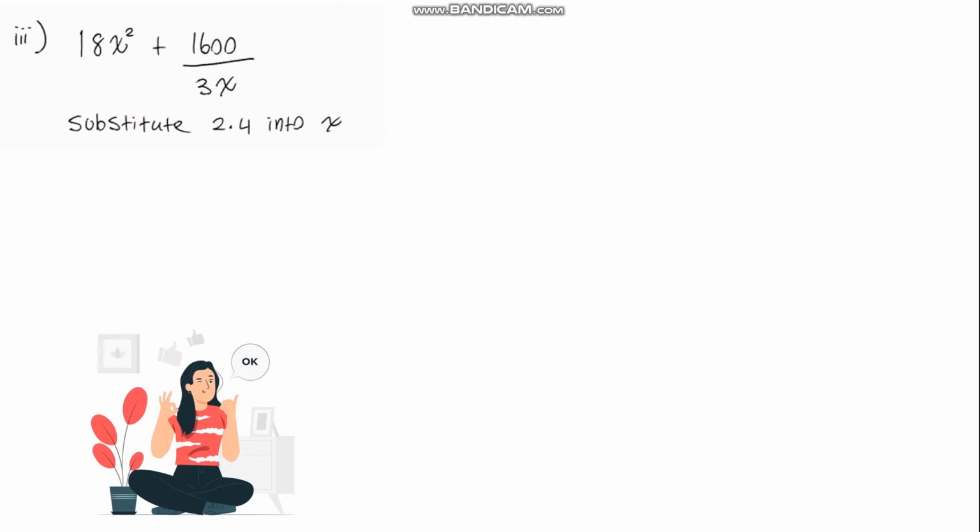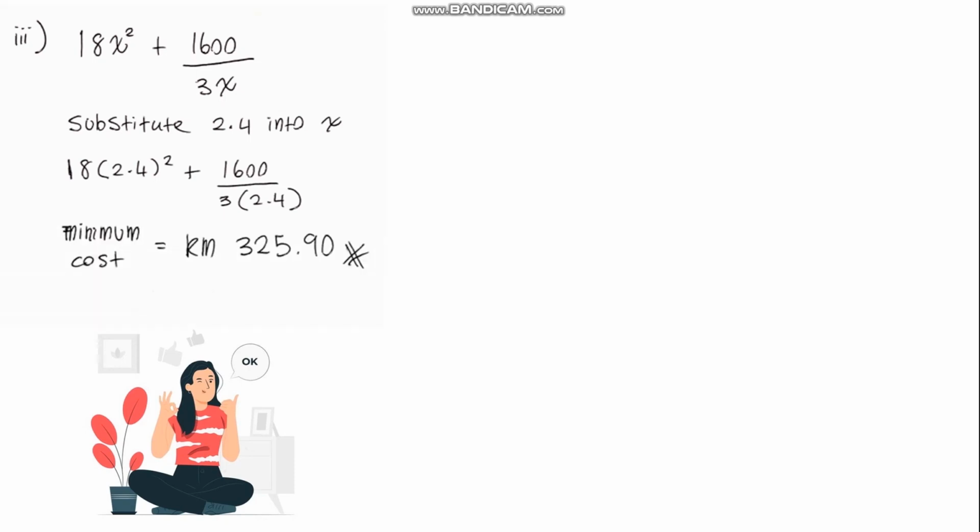From this equation, we substitute 2.4 that we got in question 2 into x. The calculation is 18 times 2.4 to the power of 2 plus 1600 over 3 times 2.4. After that, the minimum cost that we get is 325 ringgit 90 cents.